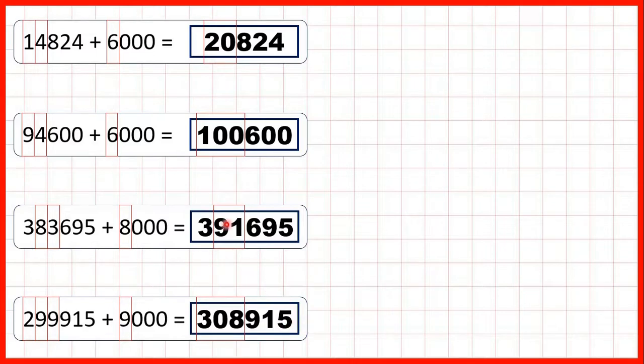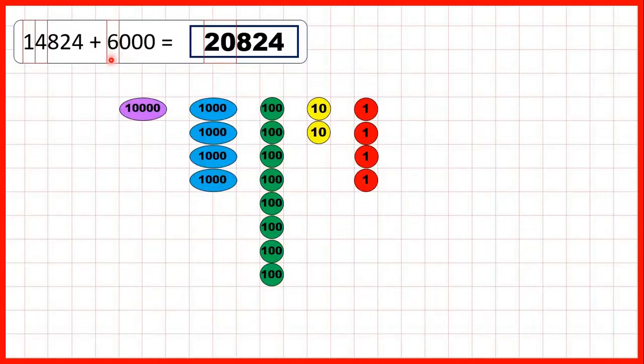So that gives us 308,915. Now let's have another look at this first question, and this time let's use place value counters to show the addition. We started with 14,824, so that's 1 10,000, 4 thousands, 8 hundreds, 2 tens and 4 ones.